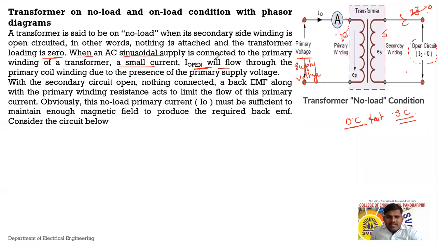Primary ला आपण काय करतोय, supply voltage देतोय. Due to that supply voltage, there is a small amount of current, which we can call the no load current, or I0 open circuit current. It will flow through the primary winding. Okay. Now, when current flows through any coil, what will happen? एखाद्या coil मधून current flow झाला, काय होतं?